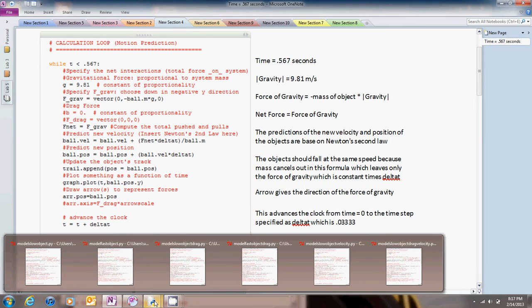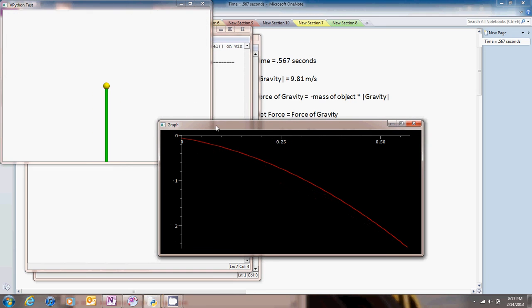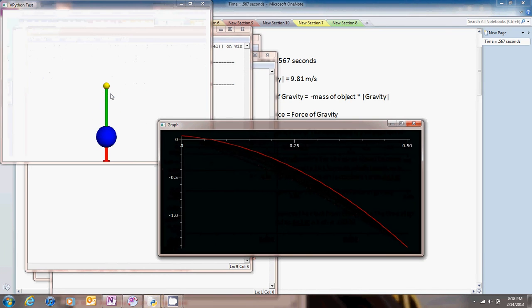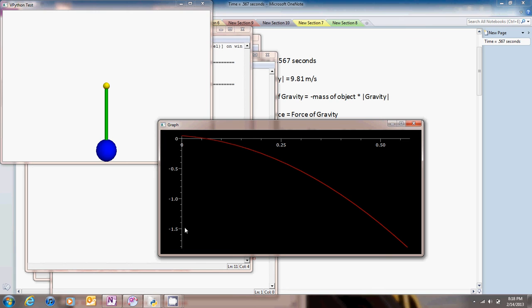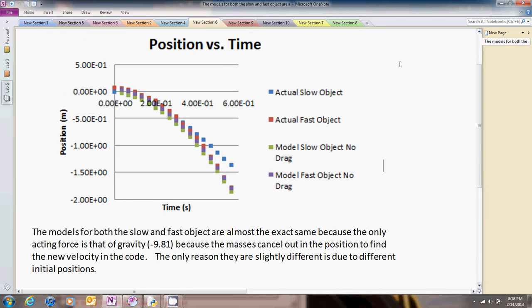And so here's a run of the slow object without drag, and a run of the fast object without drag, and the second plot that I have coordinates both the fast and slow object that was measured in the tracker video as the blue and red, and the green and purple is the objects from my model without drag.